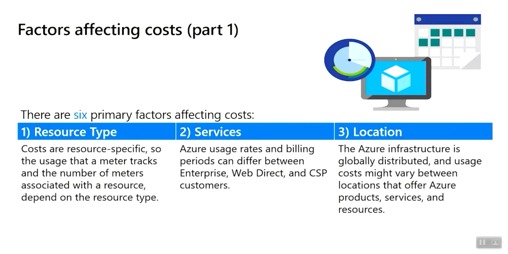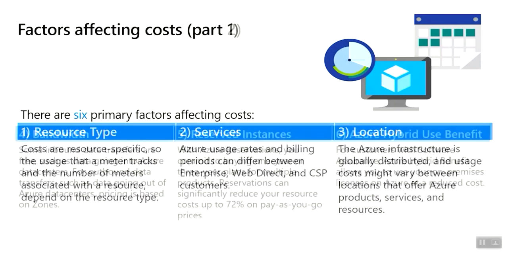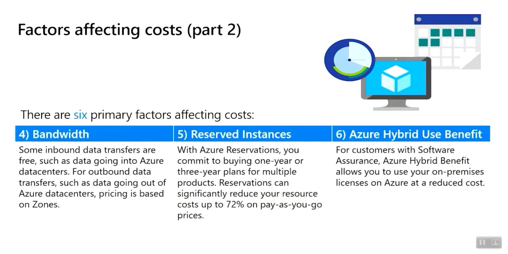Now, when we talk about resource type, services, and locations, those have a definite direct impact on your spend or on your cost. But we also need to take a look at bandwidth, depending on how your data transfers are going. There is something that we call billing by zones, and different regions and geographies are organized into zones.